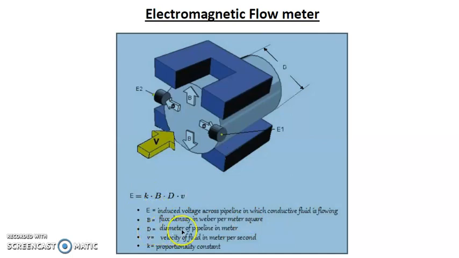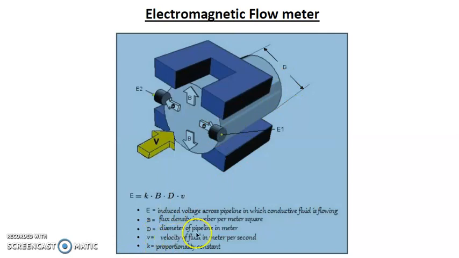This D is the diameter of the pipeline in meter. Here actually the D is the distance between the two electrodes, and since the electrodes are connected across the pipeline, this is the diameter of the pipeline.